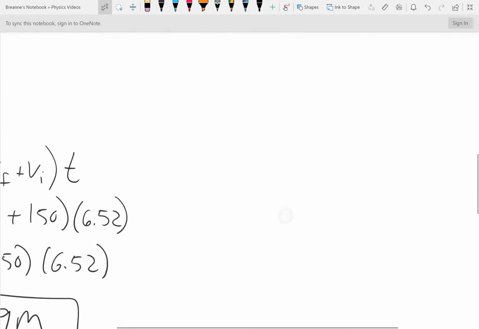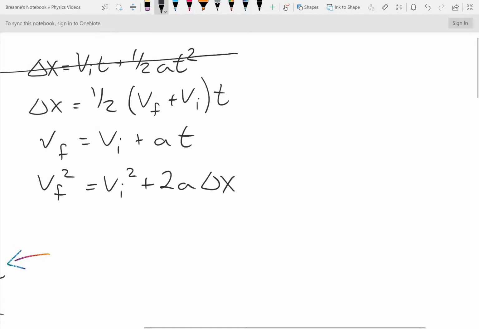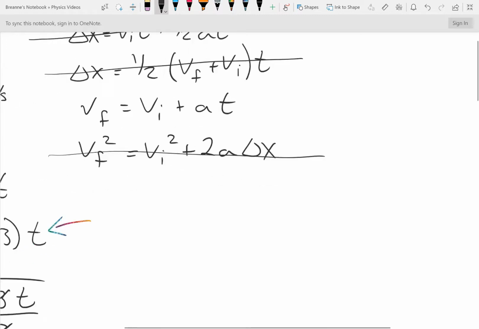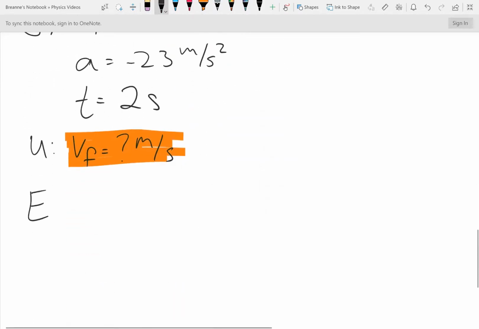So no delta x. So we cannot use anything that has delta x in it. That one has a delta x. That one has a delta x. So the only one that's left is the third one. So our equation is going to be our v final equals v initial plus a t.